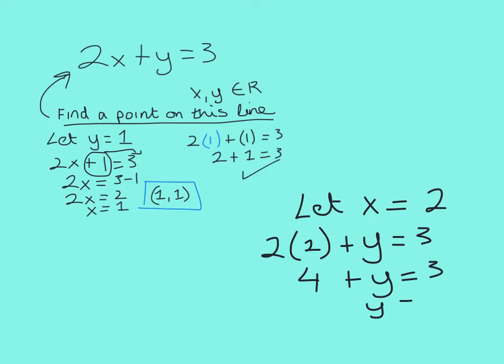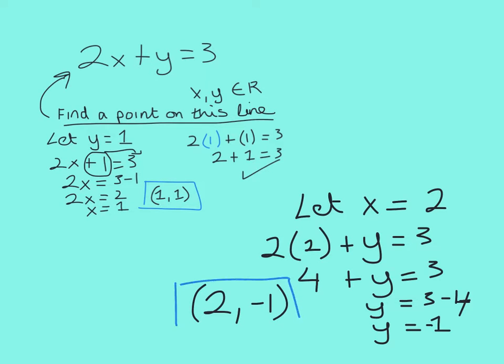So y equals 3 minus 4. Y is equal to minus 1. So that point now is (2, minus 1). And that is a point on the line 2x plus y equals 3. And if I take this point, which you can do in your own time, and put it into this equation here, I should get that it is equal to 3.